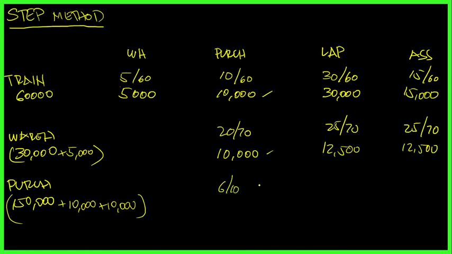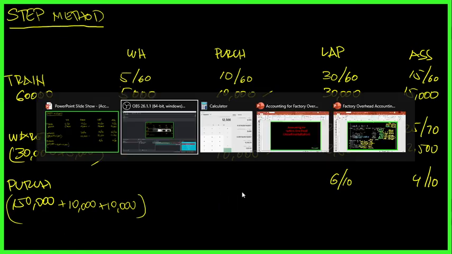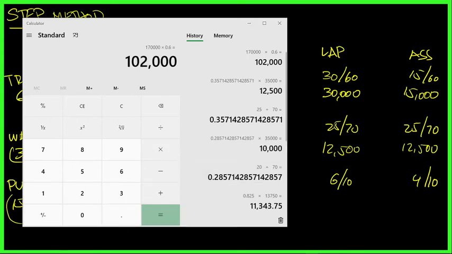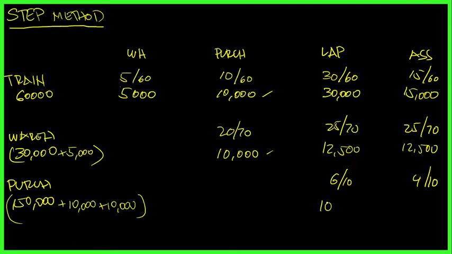6 over 10 and, oops, mali. Dito tayo. 6 over 10 and 4 over 10. Tama? Okay, so 6 over 10 times 170. So that's 102,000.